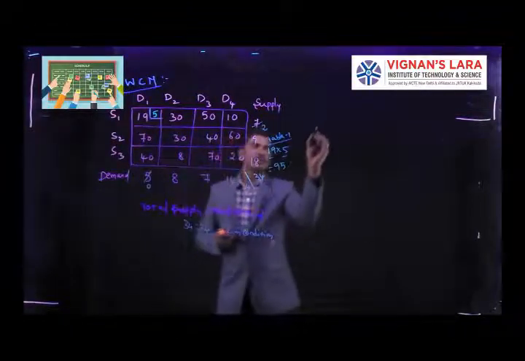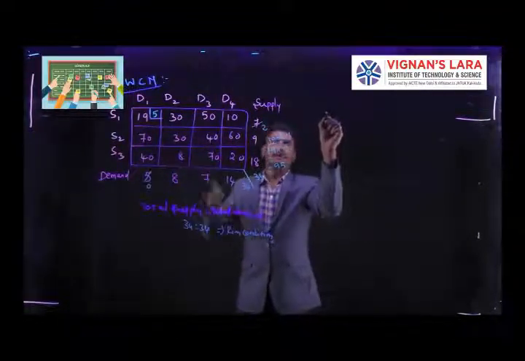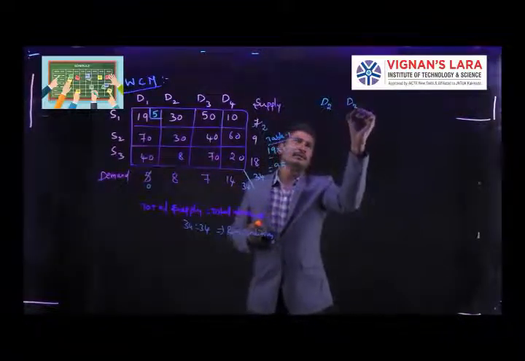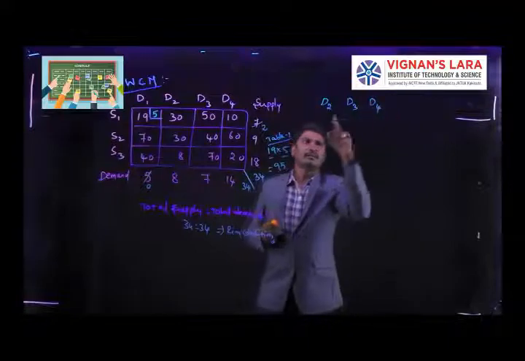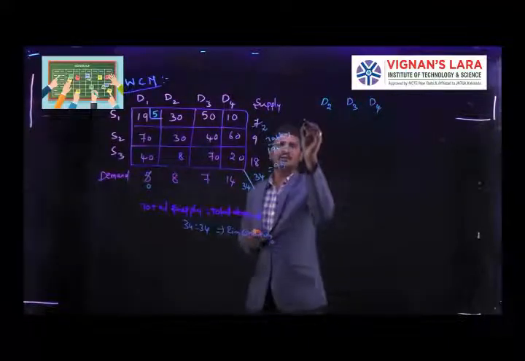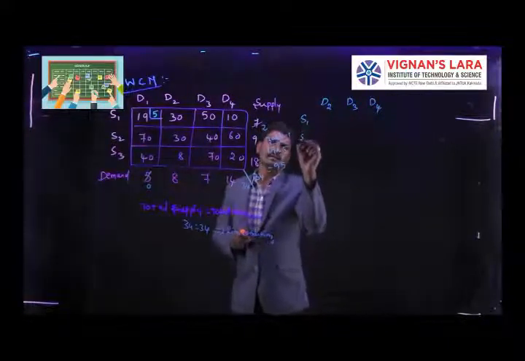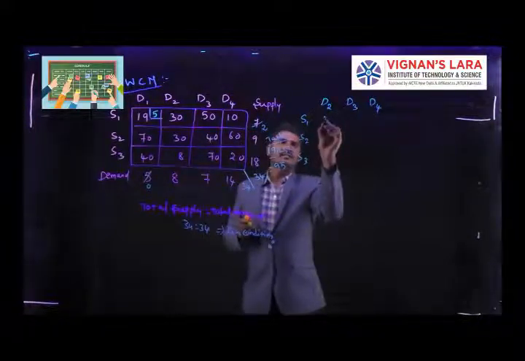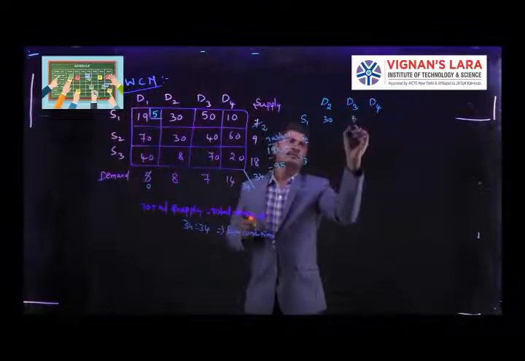Next, coming to the second table. Demand 1 is over, since we already supplied demand 1. Now we have demands D2, D3, D4 and three supplies S1, S2, S3. The first row is 30, 50, 10.